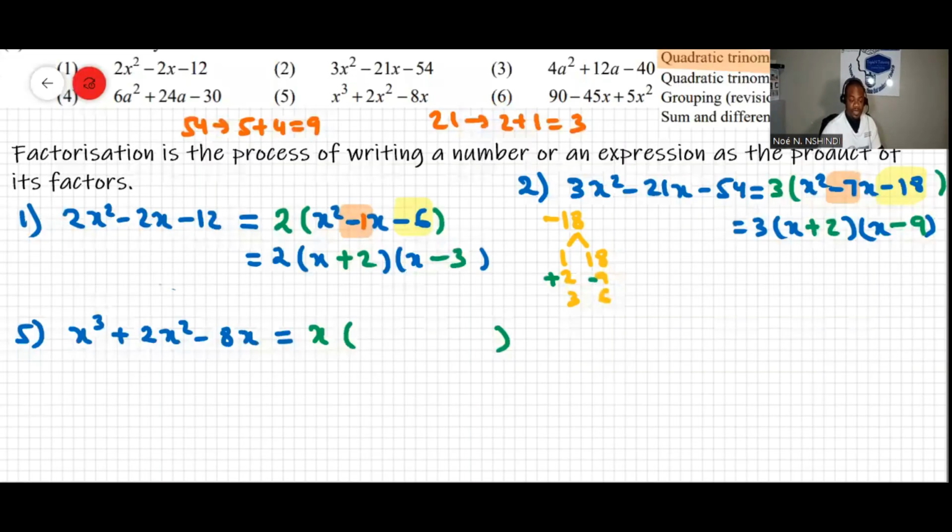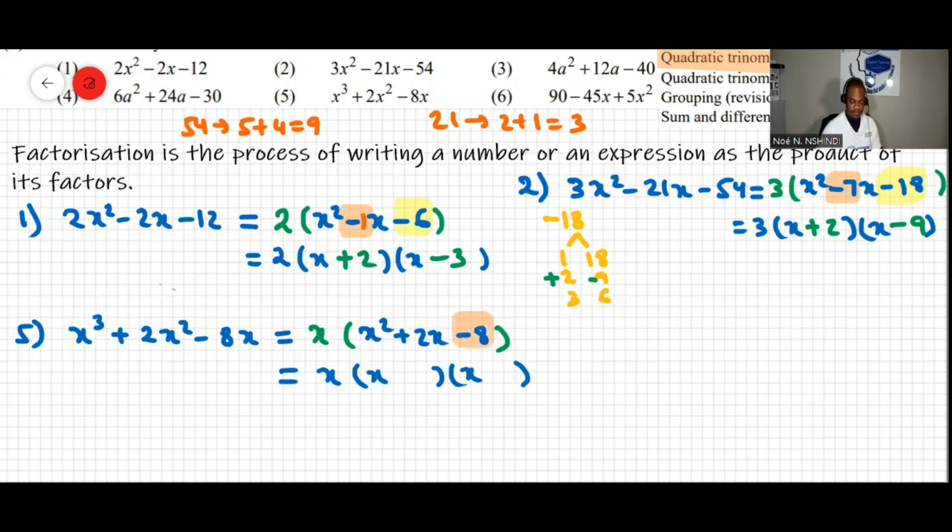To make it quadratic, we have to take x out as a common factor. And then this will be x² plus 2x minus 8. Now we have a quadratic trinomial. Now we can do as we usually do. I'll put x in the brackets, and then I'll consider this -8.